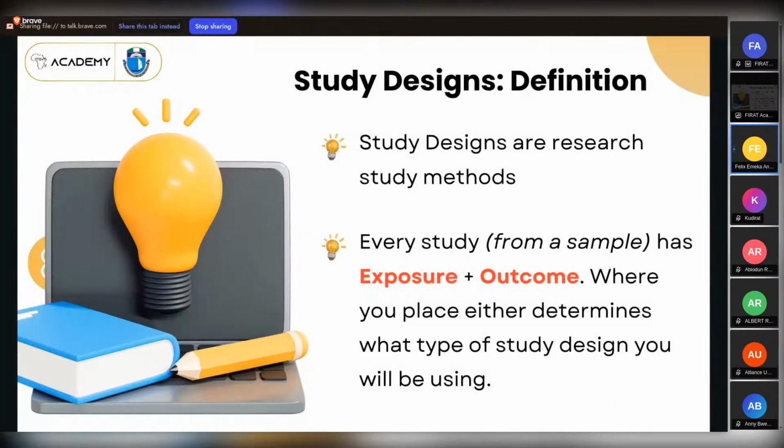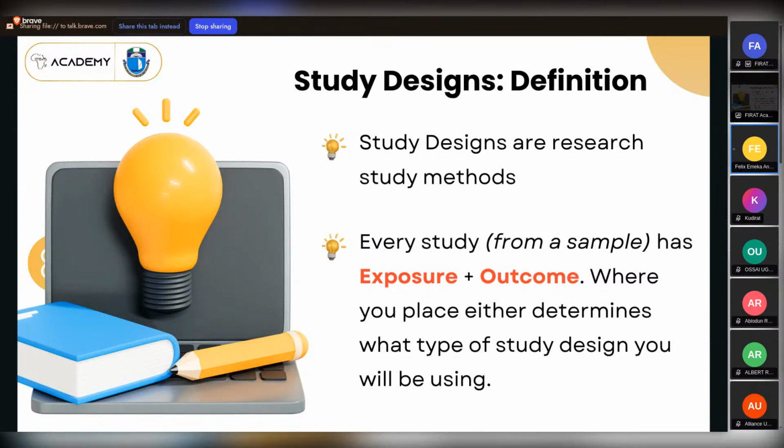The moment you say you want to do research, you have to follow that pattern and that process. One of the processes is that first, you have to choose a design for the study. You can't just say, oh, I want to do anything I like. No, there are laid down principles on how you can carry out that study.